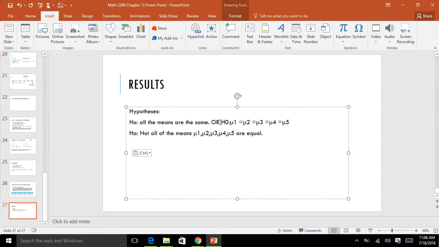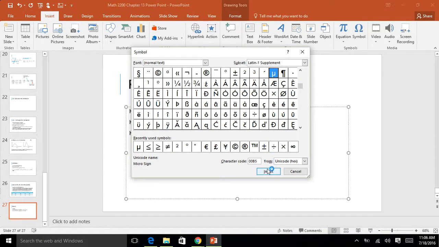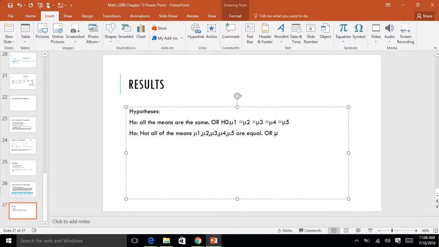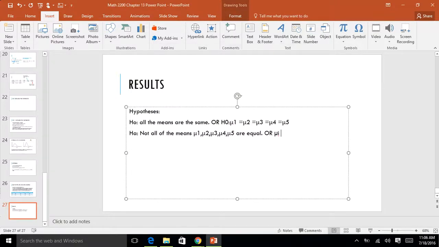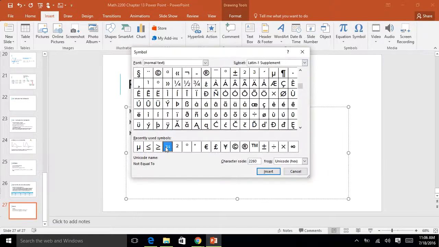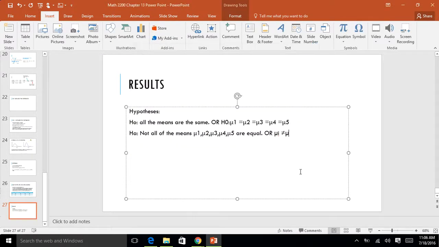Okay, here we go. The null is that. The alternative is this. The way they do it in the book is kind of tricky: the mean of i doesn't equal the mean of j for some i and j.